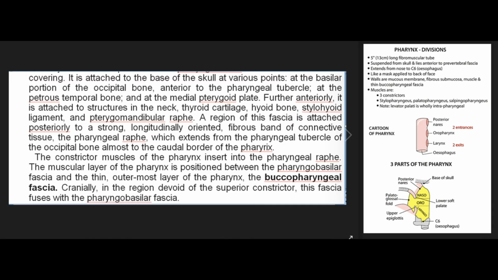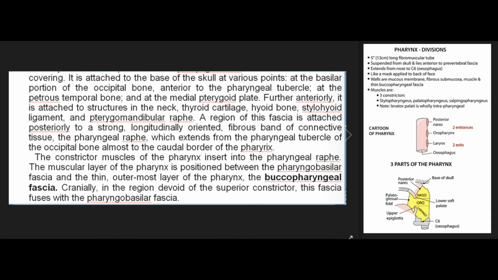A region of this fascia is attached posteriorly to a strong, longitudinally oriented, fibrous band of connective tissue, the pharyngeal raphe, which extends from the pharyngeal tubercle of the occipital bone almost to the caudal border of the pharynx. The constrictor muscles of the pharynx insert into the pharyngeal raphe.